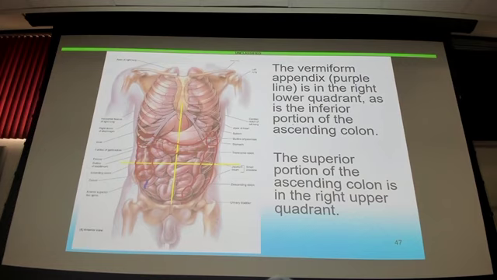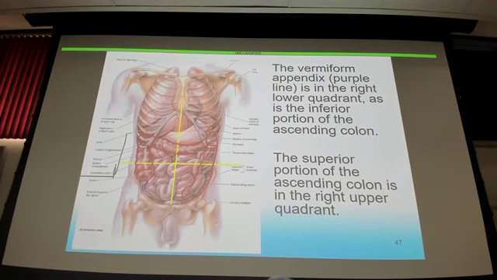Okay, so this is going to sound confusing at first, and I'll explain it. If you look at the right lower quadrant, down here we're going to find the appendix. And then we're going to have the superior portion of the ascending colon. So let's define that. This portion going up of the colon is the ascending colon going this way.